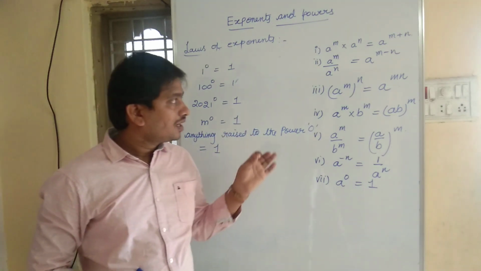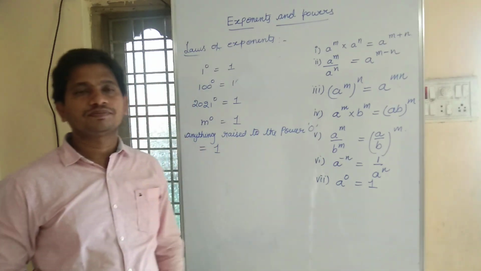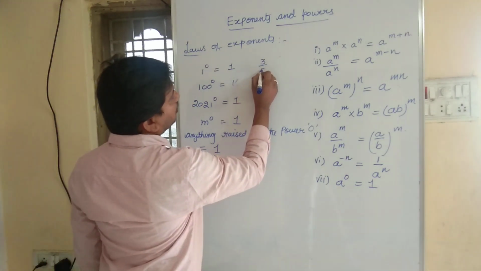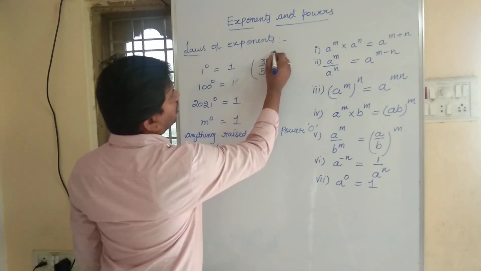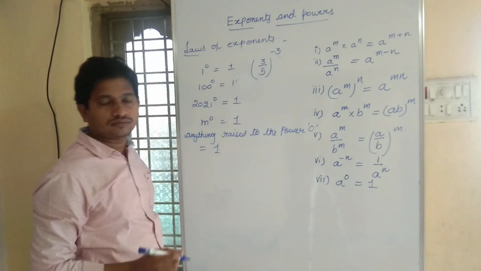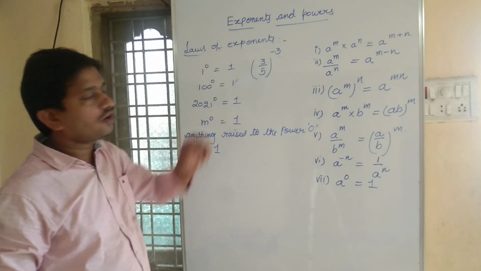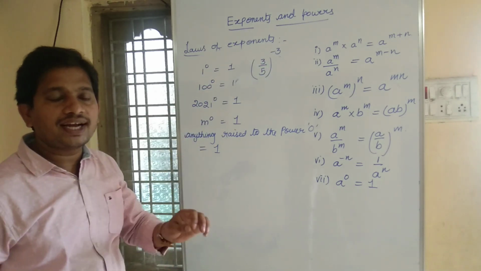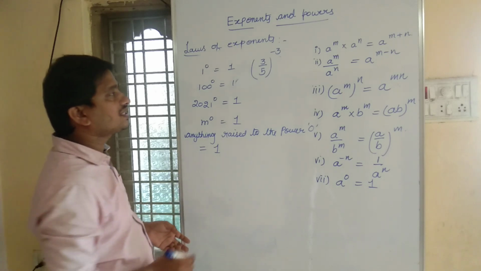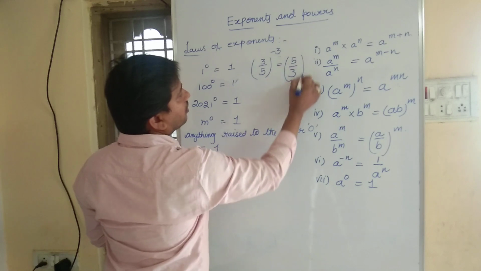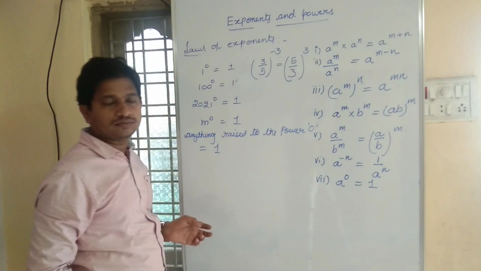Okay, these are the laws of exponent, children. Sometimes they may ask like this, children. For example, 3 by 5 whole to the power minus 3. How can we write it? We can write it as 5 by 3 whole to the power plus 3, children.